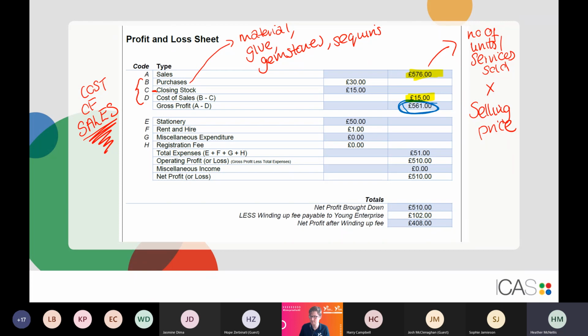So what we then have is these other expenses of the business that aren't directly attributable to making the item, but they're still related to your business. So the first one there was, for example, stationery. So all of my paper, my pens, etc. that I've got. So keep going on my admin. Another one there you have is rent and hire. So maybe you have rented a market stall to sell your items at a craft fair or something.